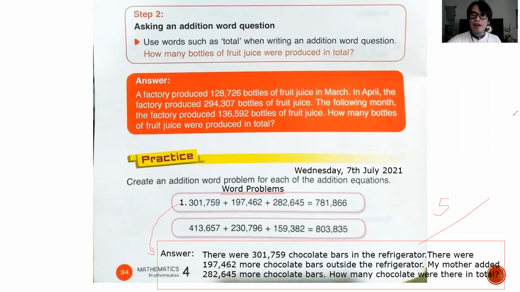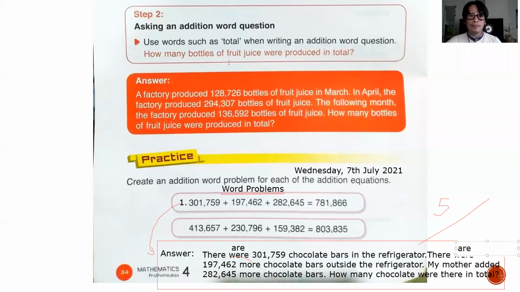Listen, students, this is very important. If your construction of words is in present tense, for example, instead of there were you want there are, you change were to are, A-R-E. And then the next one, change this word to are.